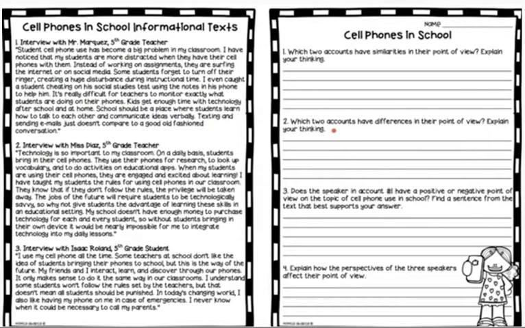Find a sentence from the text that best supports your answer. And number 4, explain how the perspectives of the 3 speakers affect their point of view. Again, I will go through the questions more closely when the time comes.